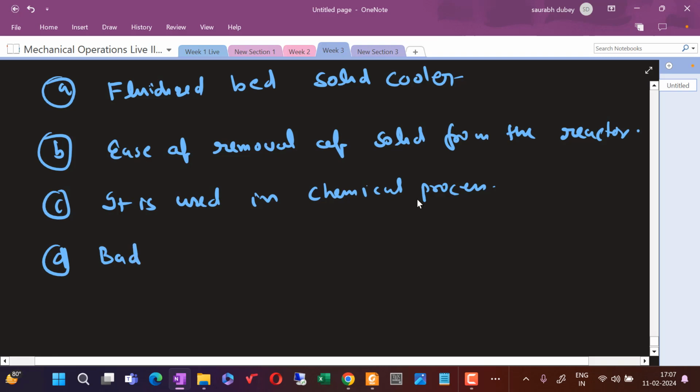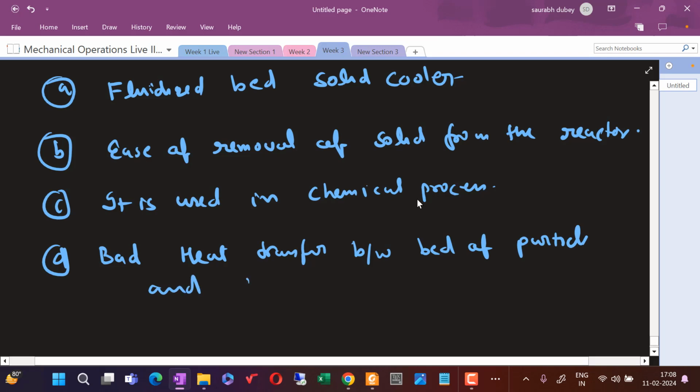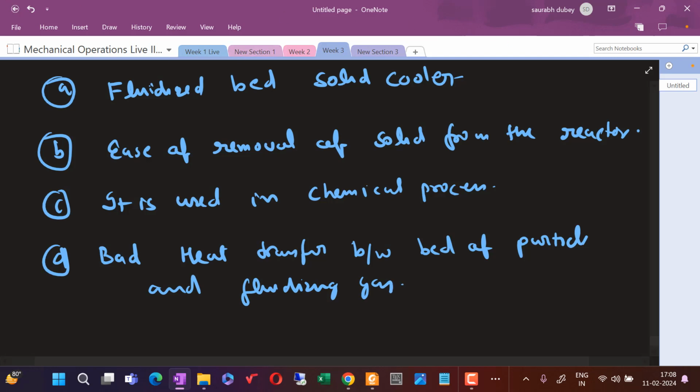Bad heat transfer between bed of particles and rising gas.